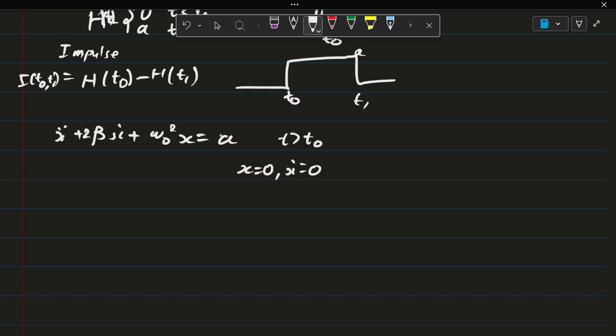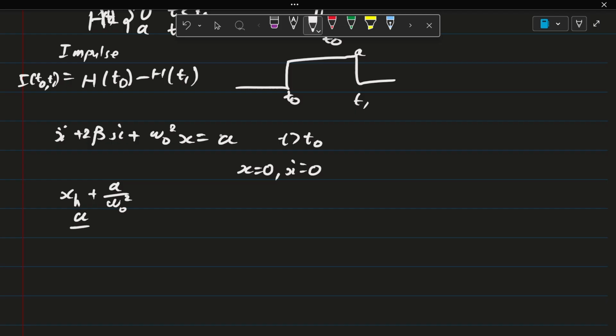The solution will have the homogeneous part, but also there should be A over omega 0 squared, which is one such particular solution.